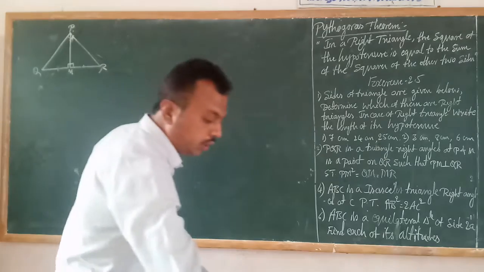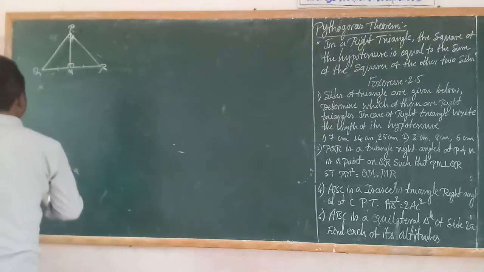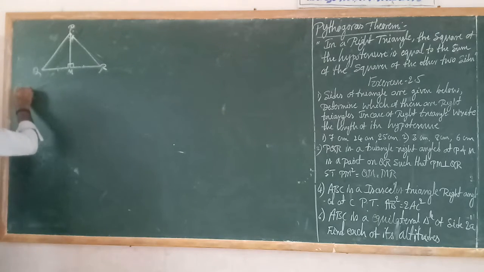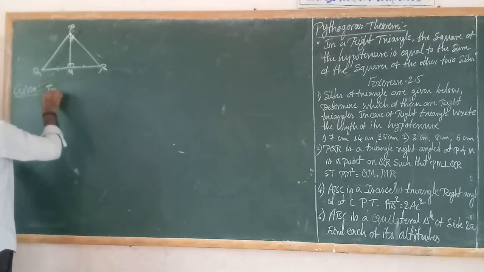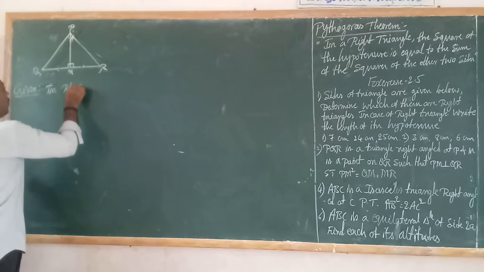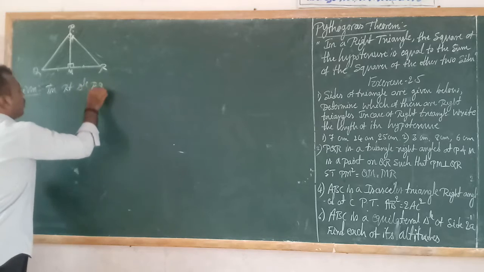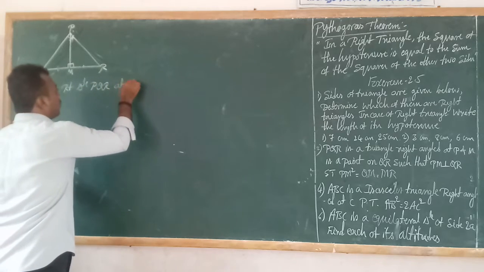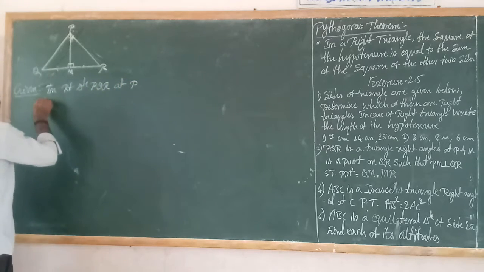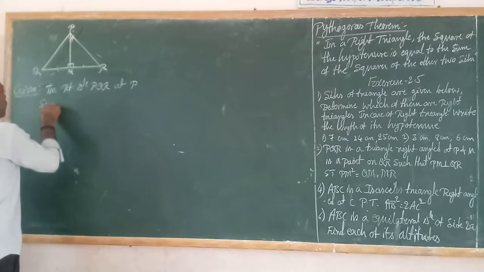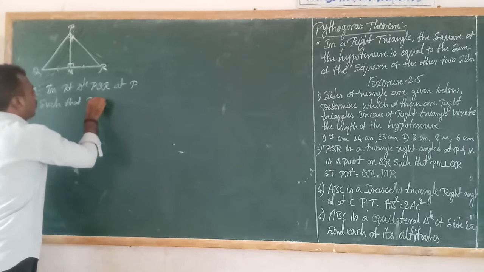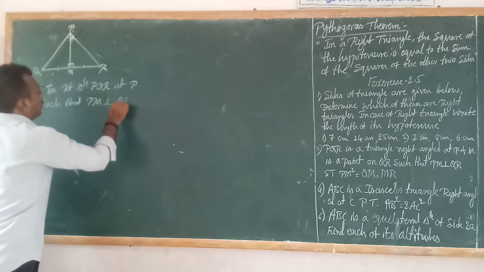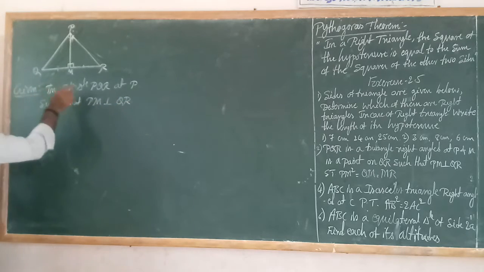Yes, let me prove it. So first, given, what they are given: in right triangle PQR, right angle at P, such that PM is perpendicular to QR and M is the midpoint of QR.